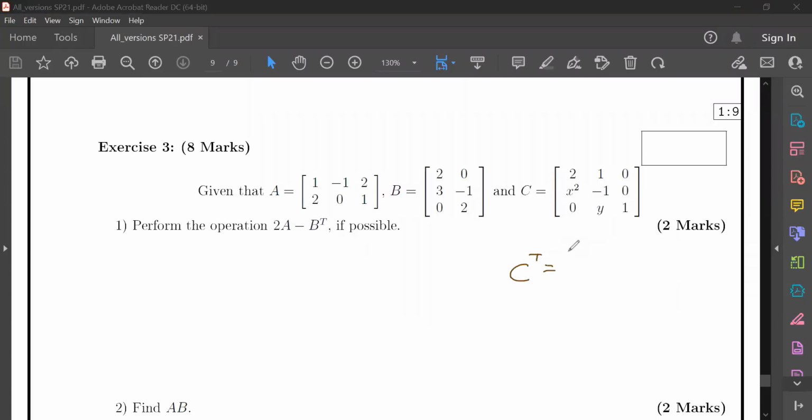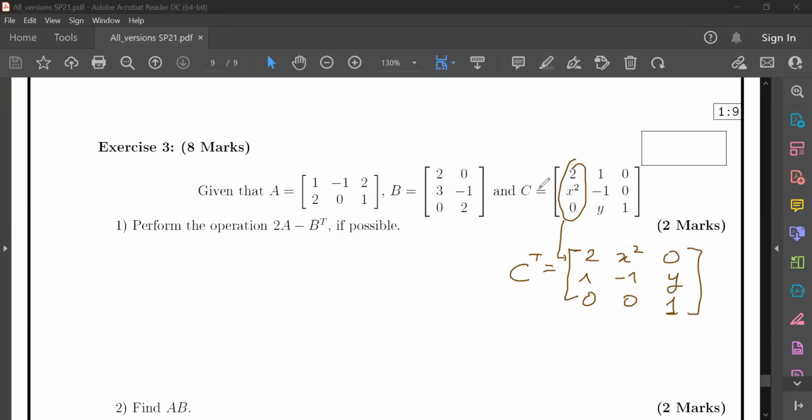The matrix C transpose will be, so this is the first column, will be the first row, 2, x squared, 0. The second column will be the second row, and the third column is the third row.